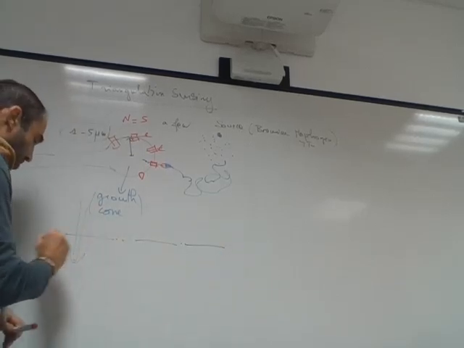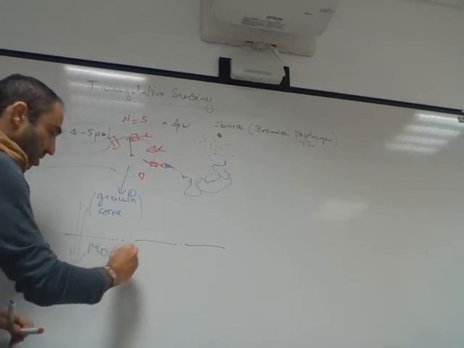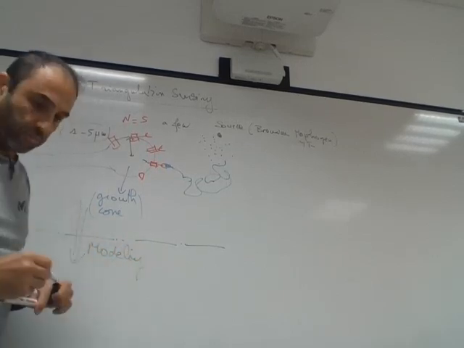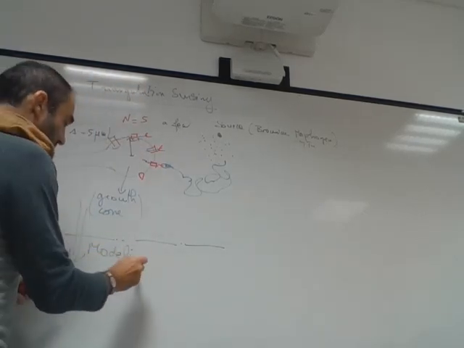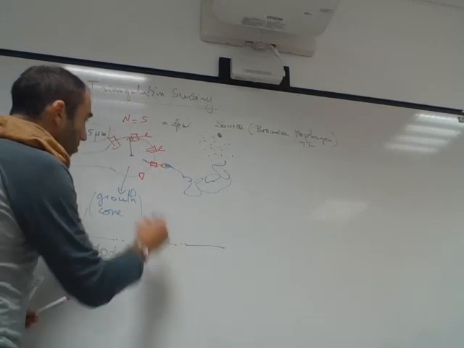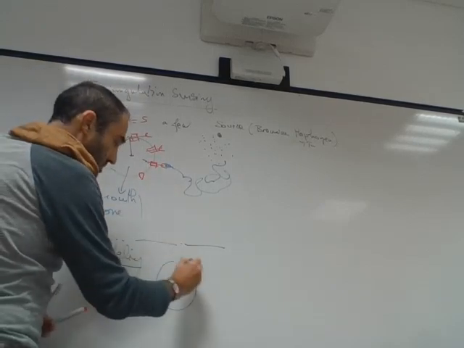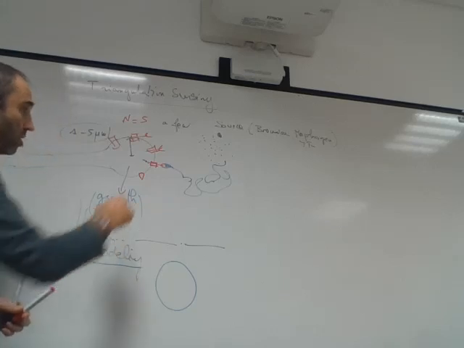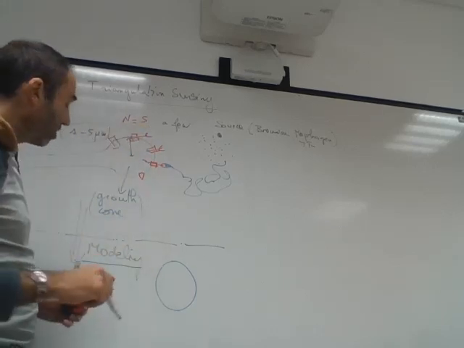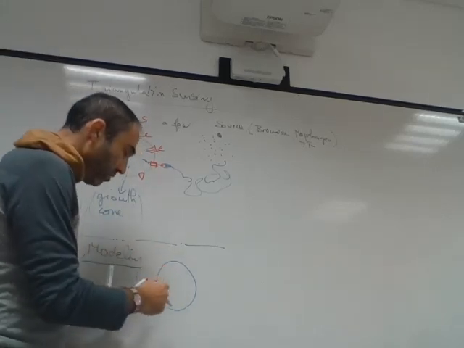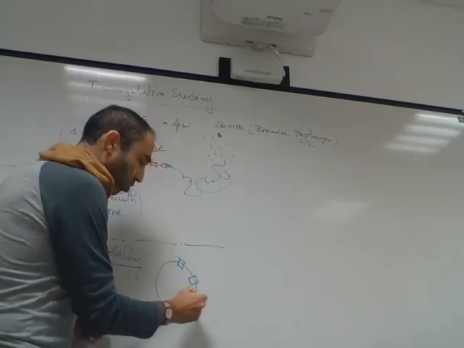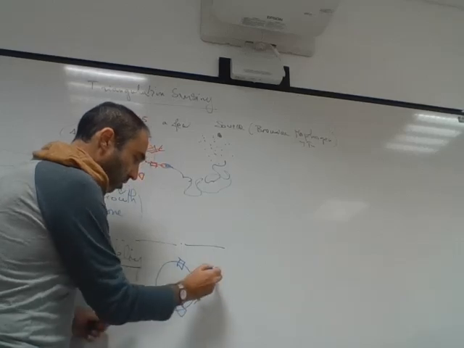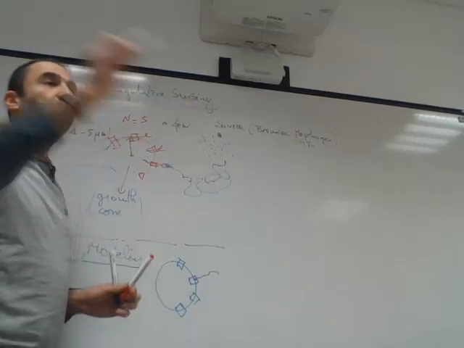So the model, as we discussed last week, is, I take a disk for the cell, and the receptors are going to be modeled as absorbing doors. That is, when a molecule comes, the molecule will disappear.